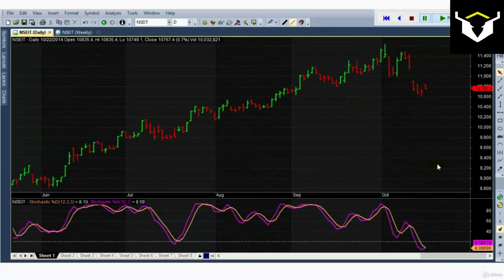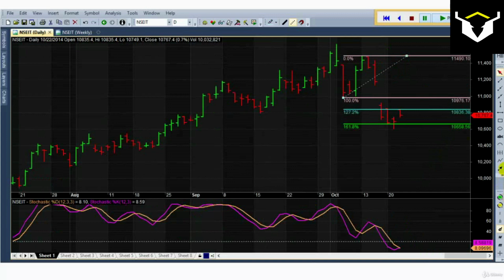So on daily, stochastic has reached oversold, telling us there is no more downward momentum left in the market. Now we will plot an extension to see if there is any important level which would act as support.